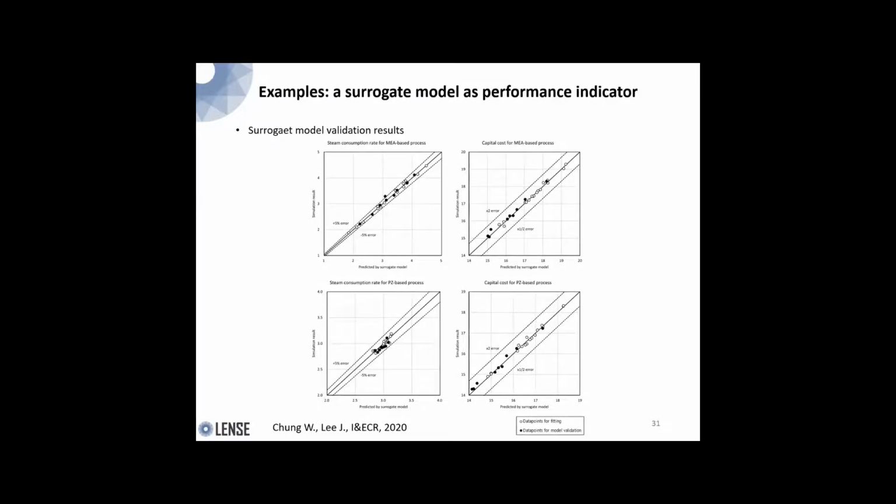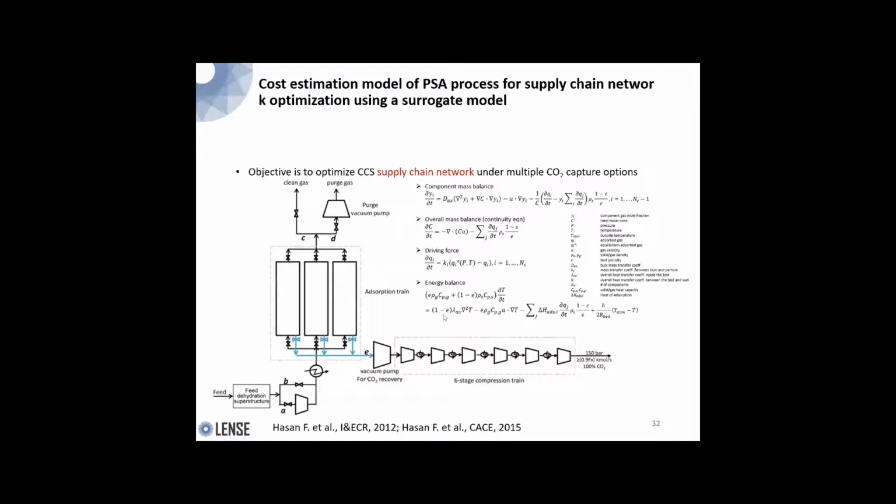Here's another example, which can be found in the literature done by Farouk Hassan, and this has to do with, I think, adsorption process, pressure swing adsorption process, right? And adsorption processes are dynamic processes. They are cyclic processes.